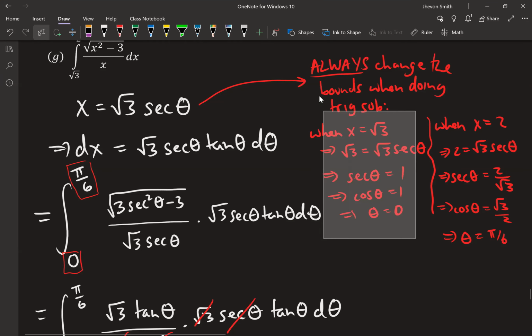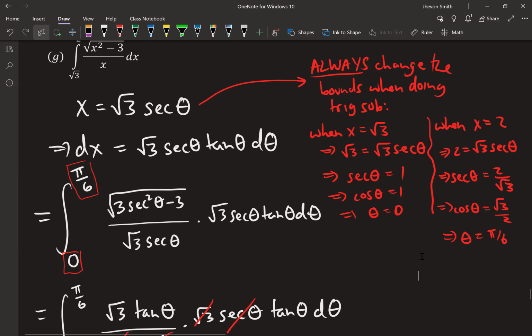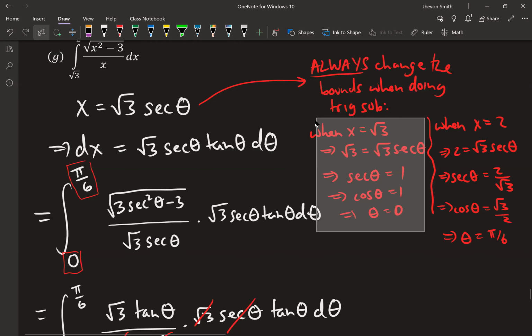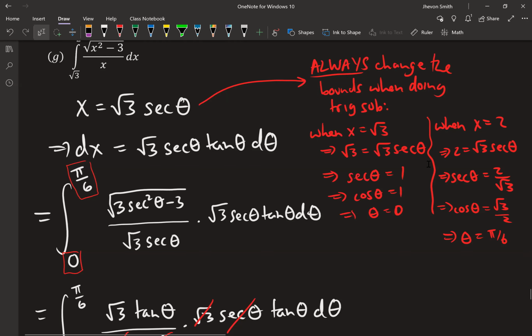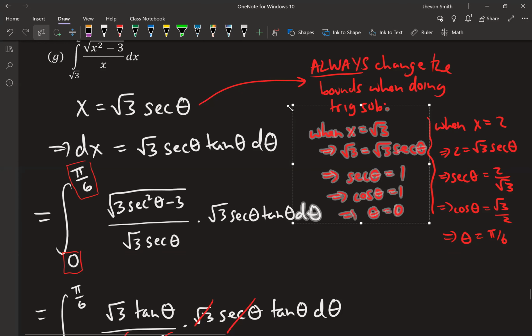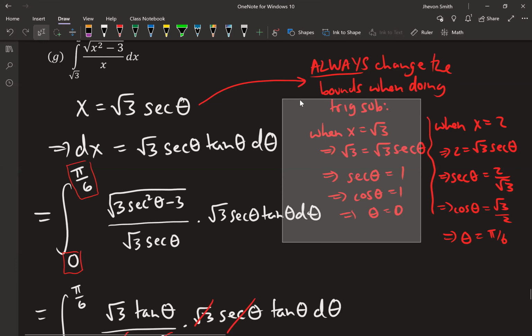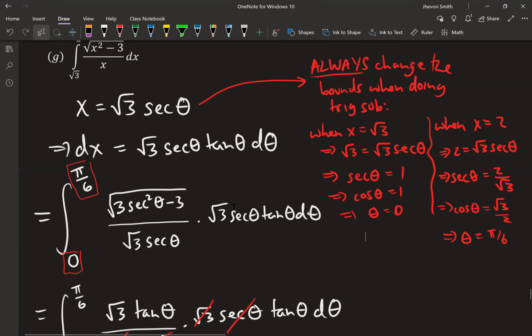I wrote it out here just to be more explanatory. But I wouldn't even write this out all the time, because you would have memorized that table for trigonometry so well that this knowledge is almost automatic. It's not something you have to construct.